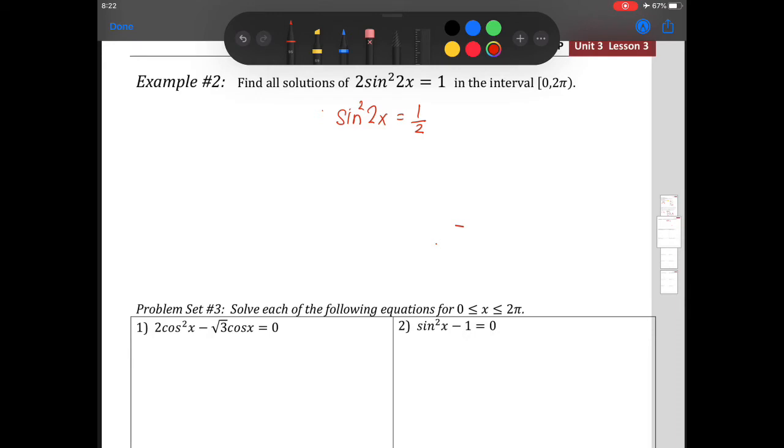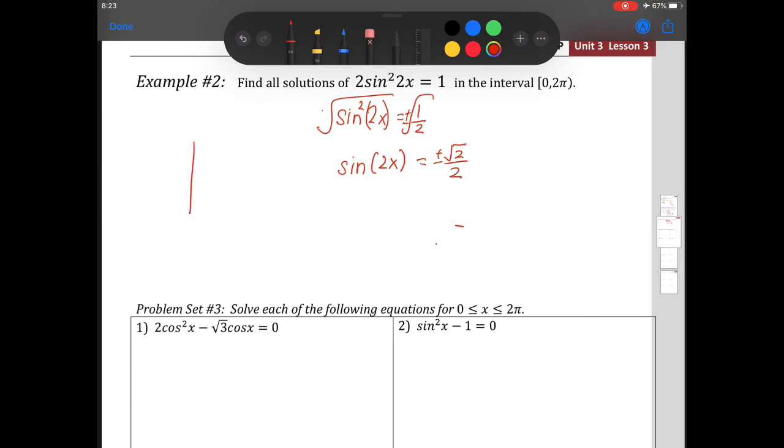Now, I want sine 2x by itself. So I take the square root. If I take the square root, I should have a plus and minus in front of it. So I get what? Sine of 2x equals, this would be what? Plus and minus, square root of 1/2 is the same thing as rad 2 over 2.